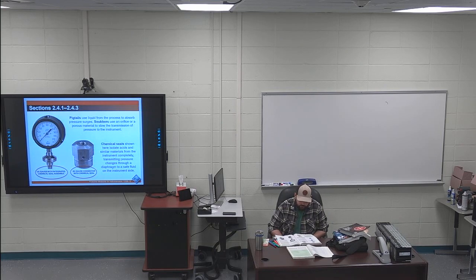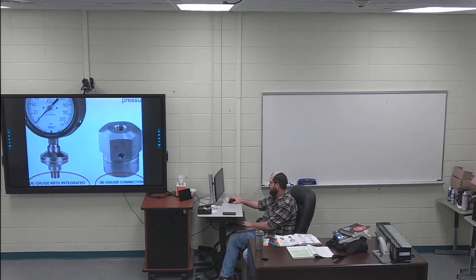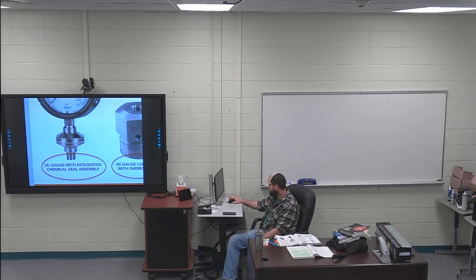Chemical seals, 243. Talked about these a little bit. The last full sentence on page 26 is highlighted. The diaphragm assembly detects the pressure of the process and transmits it to a safe fluid on the opposite side. So this valve right here has a chemical seal. There's a diaphragm in here. Just say we have acid.